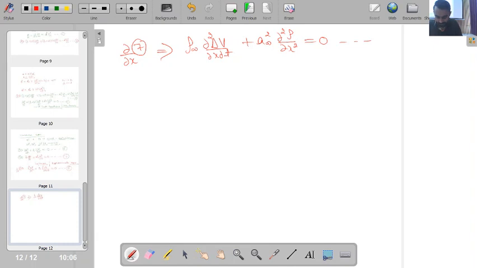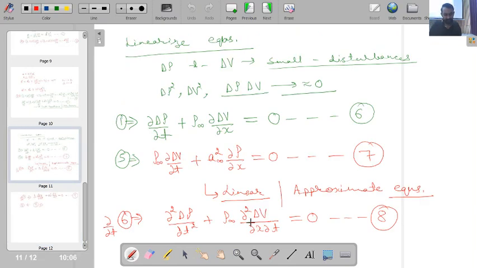Say this is equation number 9. From 8 and 9, do you have any common term? From 8 and 9, this term is actually common.